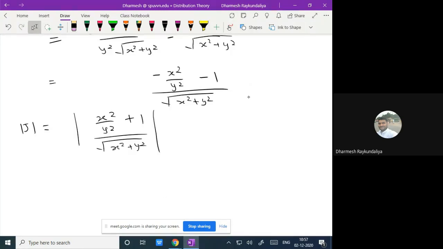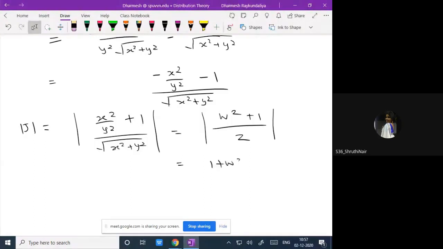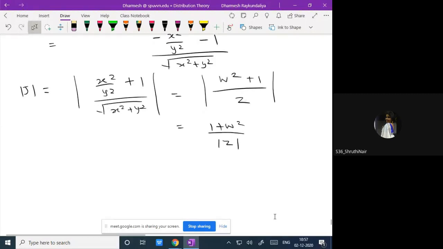Now what is x upon y? x upon y is w, so it is w square plus 1, and root of x square plus y square is z. Good. So this is 1 plus w square upon the absolute value of z, because we don't know whether the root is positive or negative. Okay.